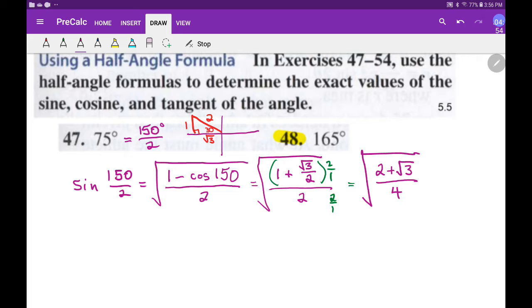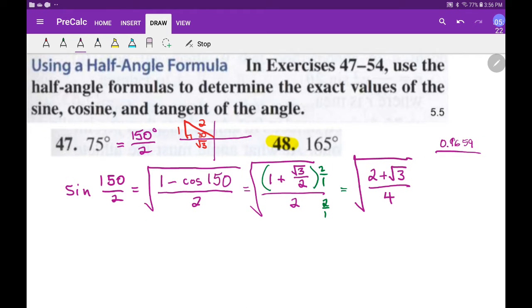The sine of 75 is 0.9659. And then I say, okay, what is 2 plus the square root of 3? We add that, and we divide by 4. And then we take the square root, and we get the exact same thing. Okay, and we kept the sign straight by just thinking about where it was. So that's what we'll go with.